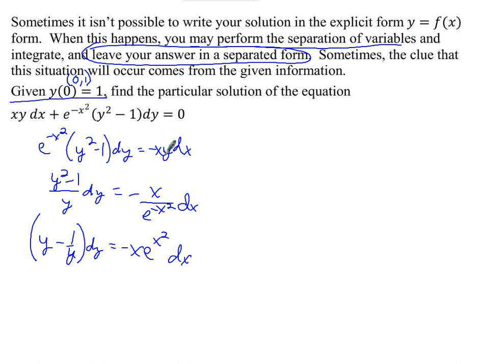If y is 0, the numerator is 0. The denominator is not, but it doesn't matter. It's the numerator that became 0. So dy over dx became 0 when y was 0. So no matter what I plug in for x, if y is 0, I'm going to get 0 as my slope. So there actually is a trivial solution here.